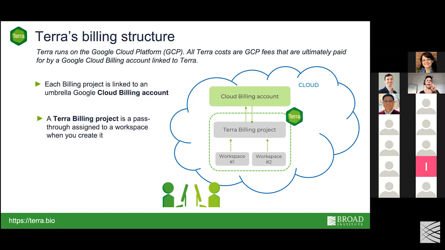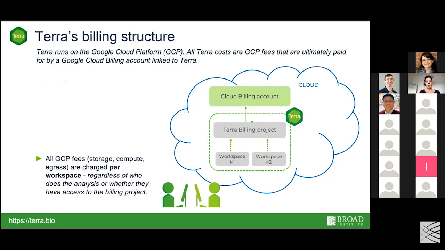And it's a pass-through that is assigned to the workspace when you create it. So you all saw that you had to have a Terra billing project to create the workspace, and that project defined what ultimately pays for the work that you're doing.